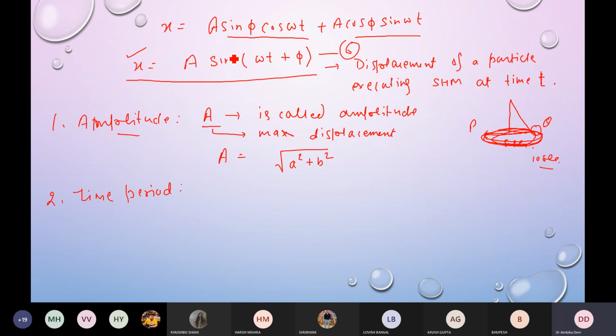Okay, so we can find out the value of time period from this solution as well, from x is equal to a sin(omega t plus phi).